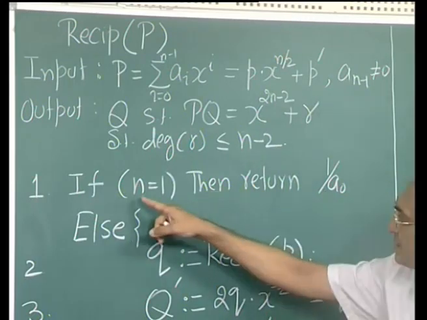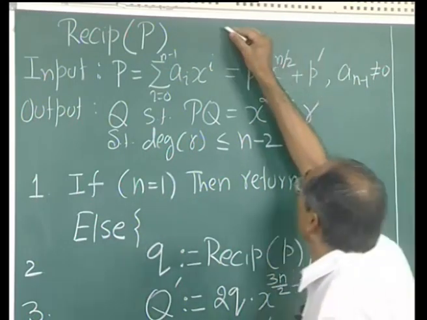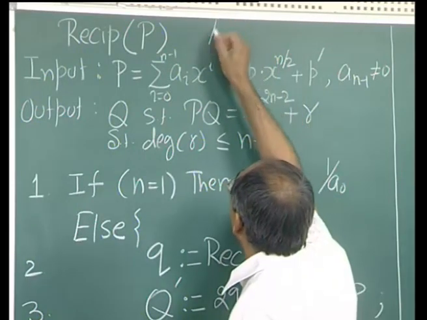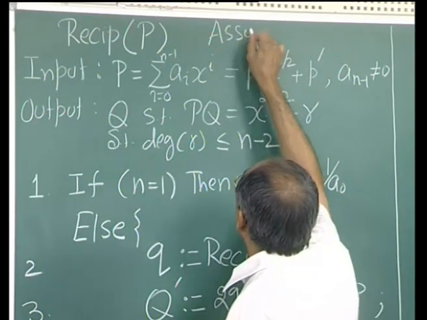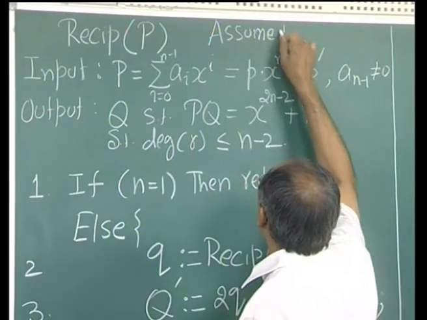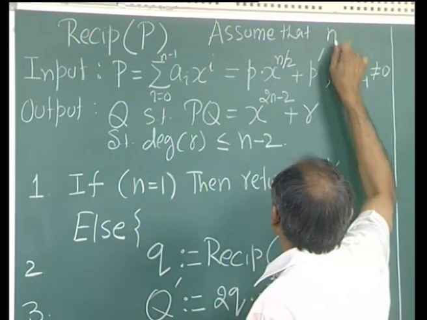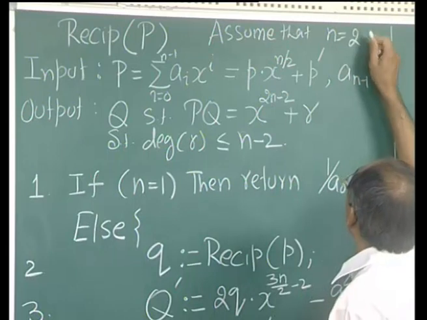One more assumption we will make without much loss: assume that n is a power of 2.